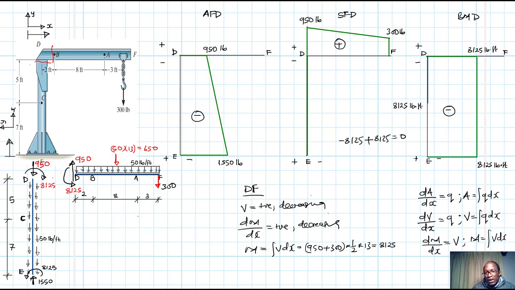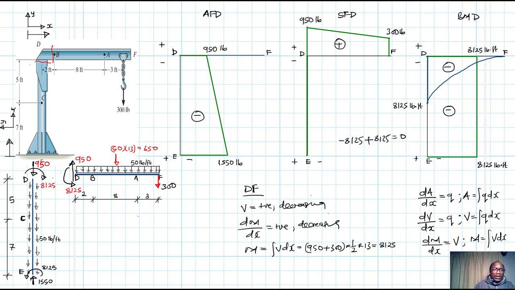Decreasing. So you expect a behavior like this up to there. Okay, let me draw it properly. Okay, something like that. Great. And that particular value is also negative. This is negative. All right.